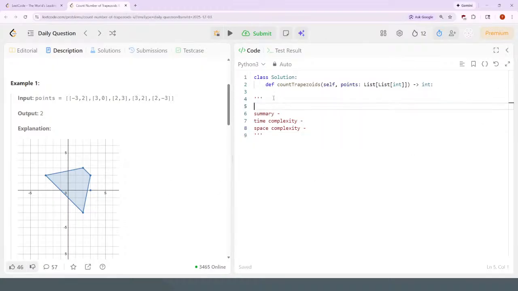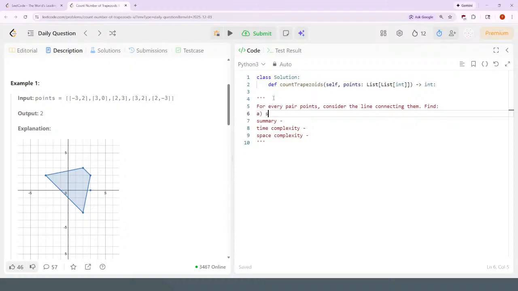what I'm thinking about is, for every pair of points, consider the line connecting them and find the slope of the line and the y-intercept of the line.